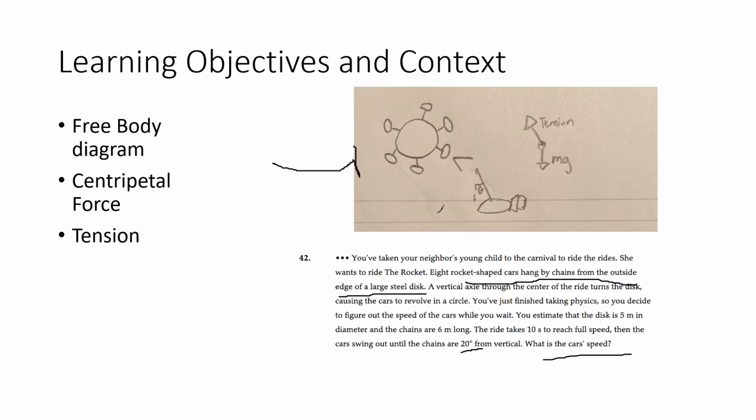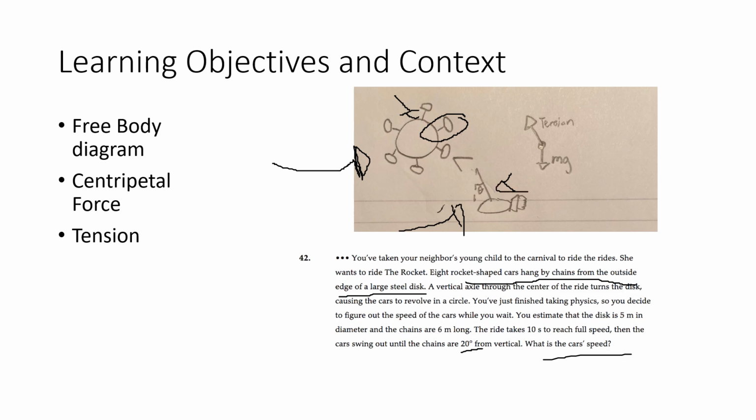So here I have a picture. This is the top-down view of what it would look like. Here is the metal plate spinning around, and each one of these is a car rocket. And this is what it would look like from a side view, where this is the toy rocket spinning in a circle, with this tension value here, and it forms an angle of 20 degrees.